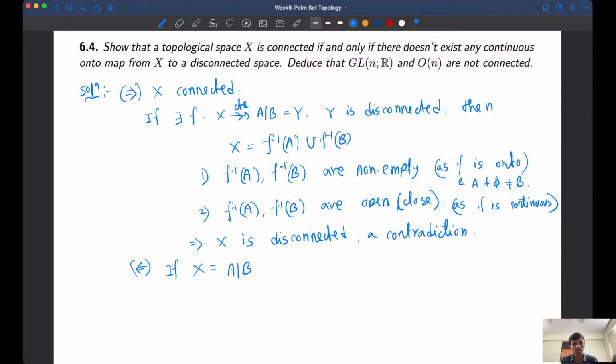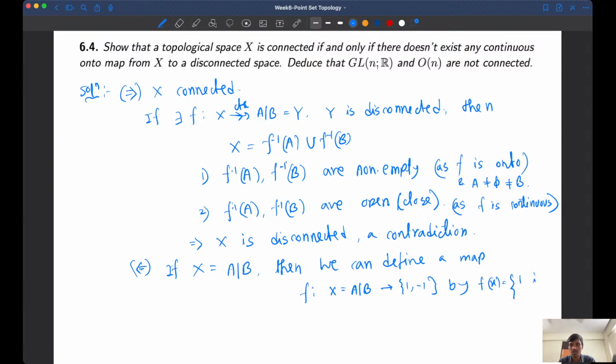Then I can define a map f from X, which is just A union B, to, let's say, {1, -1} by f of x equals 1 if x belongs to A, and -1 if x belongs to B.